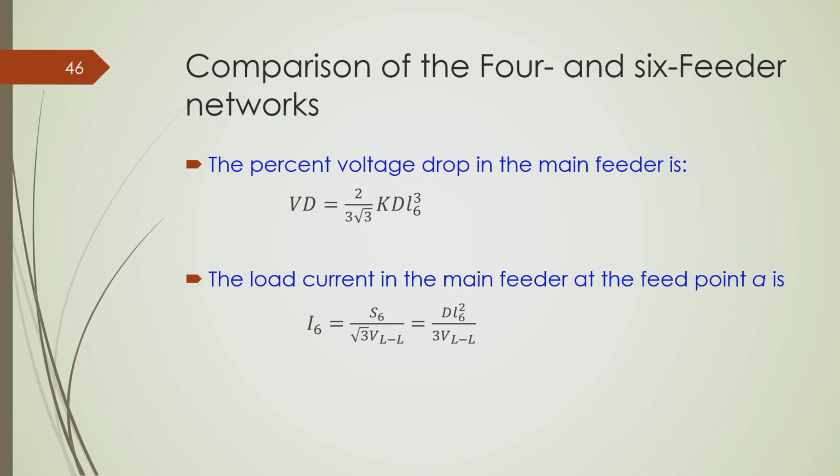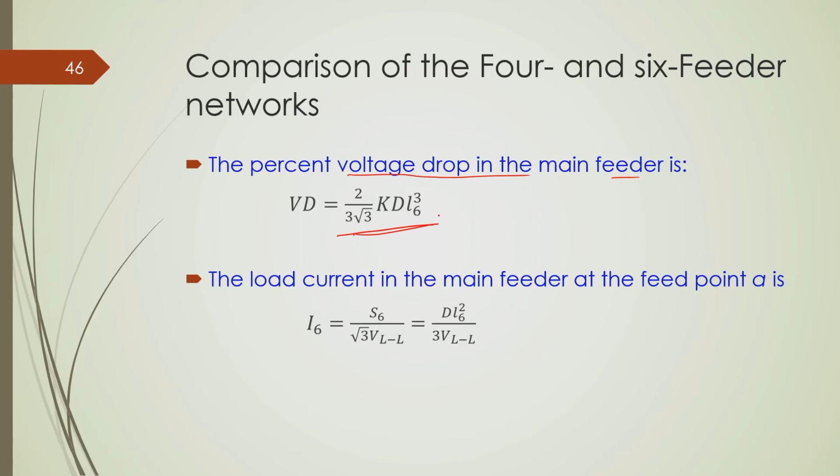Now, you can also find the expression for percentage voltage drop for the main feeder. If you put the expression of tan 30 degree in the previous example, then you will get this expression in the generalized expressions. Also, you can find the maximum load current that one particular main feeder carries at the feeding point, because each of the feeders has a triangular shape.